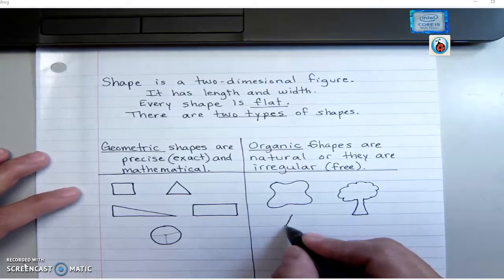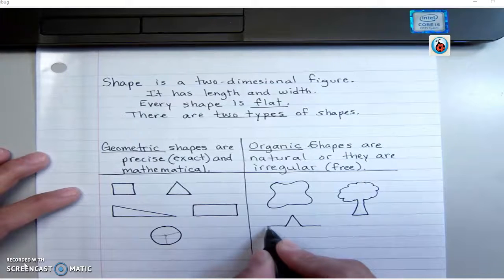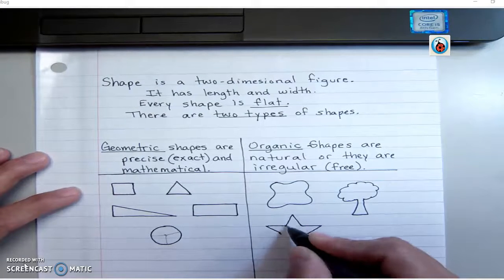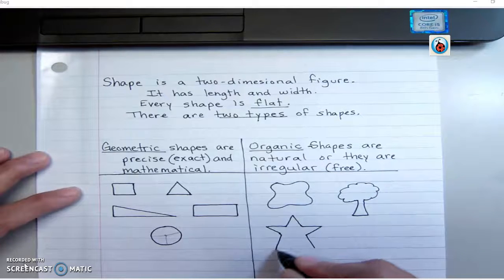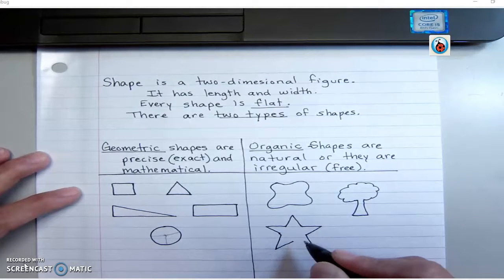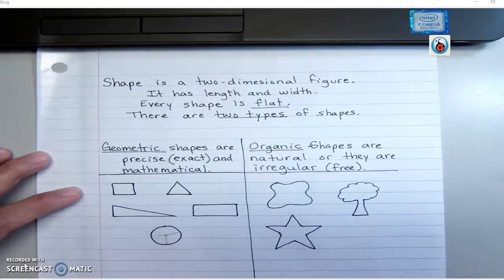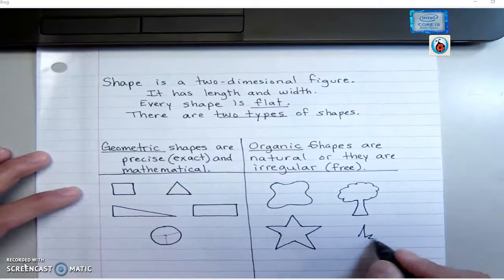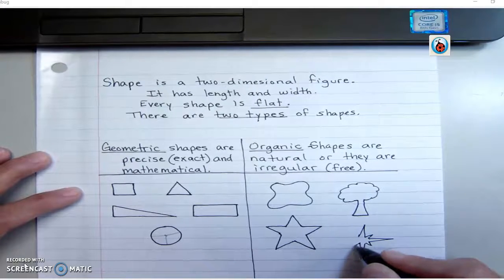Okay? Or you could draw a star, because a star is really a ball of fire that's in the sky. And that's a star. Stars can be all different kinds of ways. We just kind of make the impression that it looks like that.